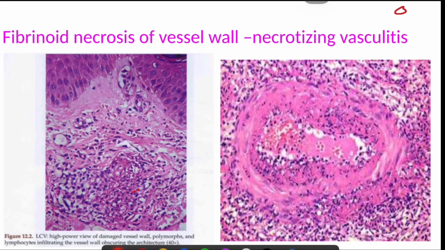Normally you can identify intima, media and externa clearly, but here the infiltrate is present all over the wall of the vessel, and this is the pink fibrinoid material. This is called fibrinoid necrosis.